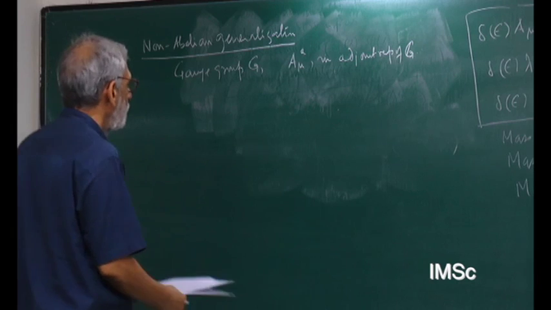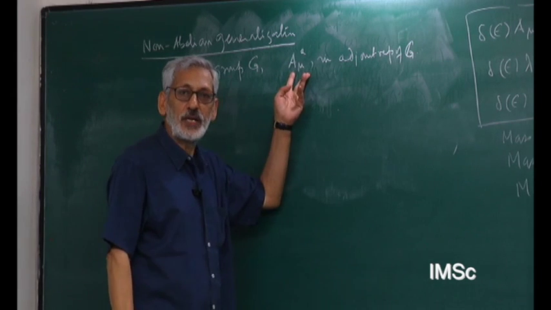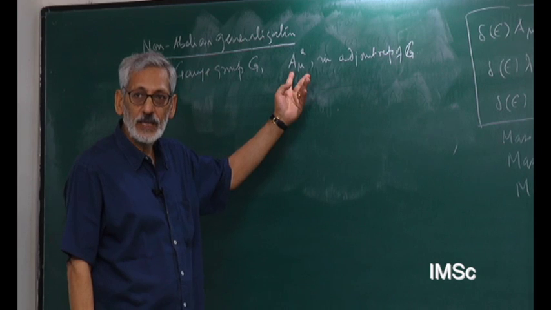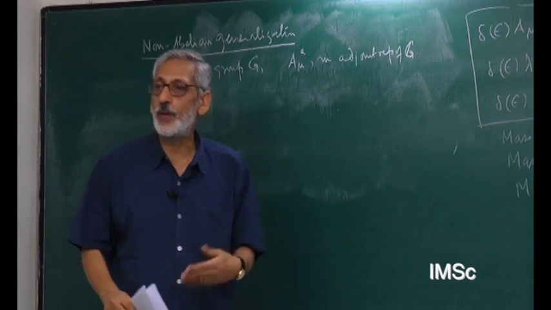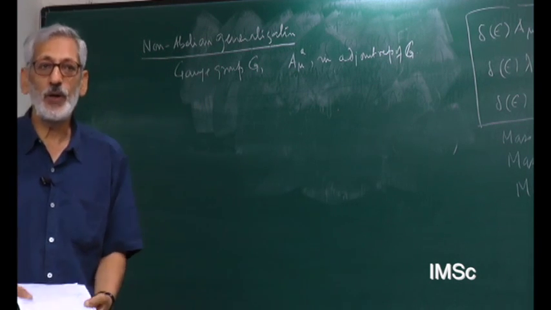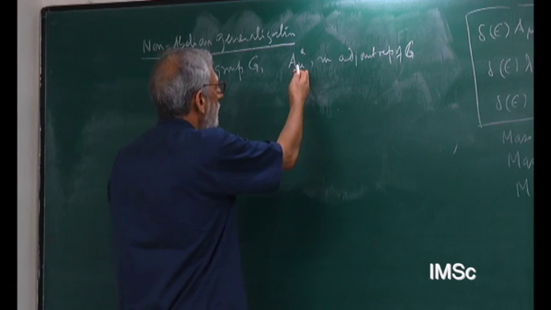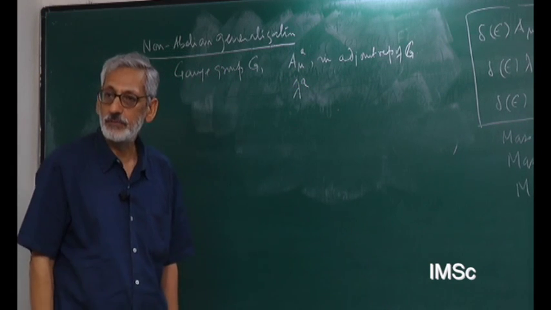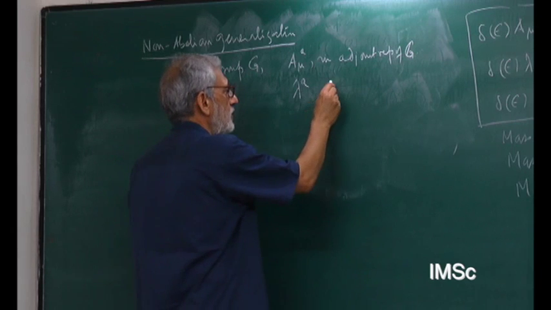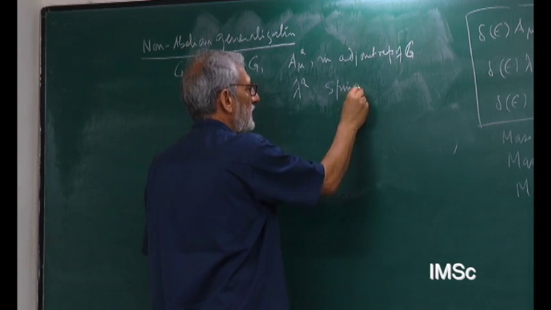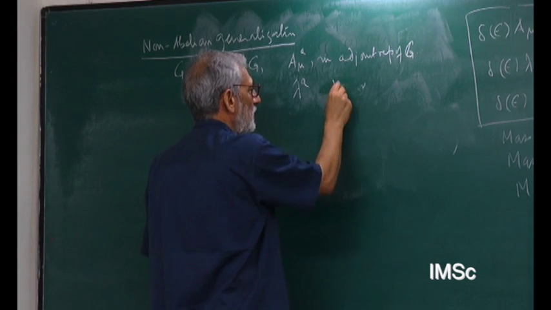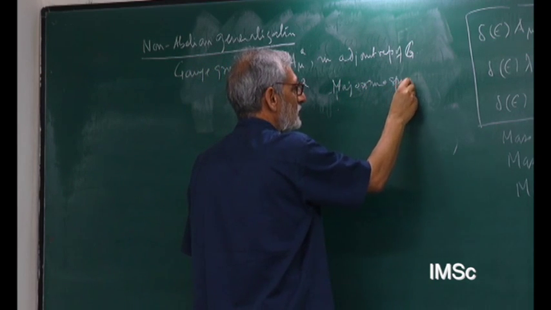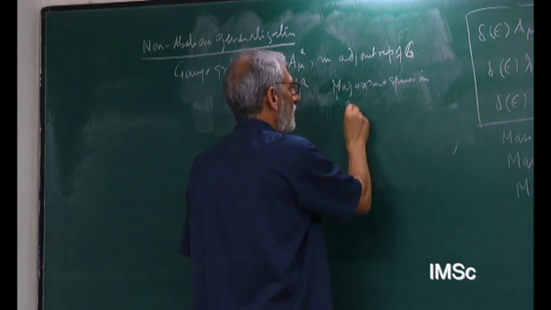So, for example, for SU2 there will be 3 of them, for SU3 there will be 8 of them, and then we need their fermionic superpartners. Fermionic superpartners would also come in the same representation. So, Majorana spinors in adjoint representation.